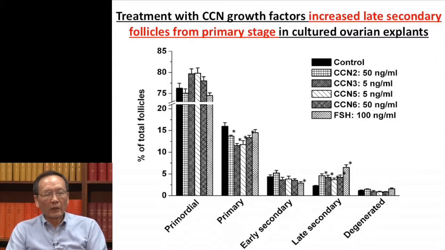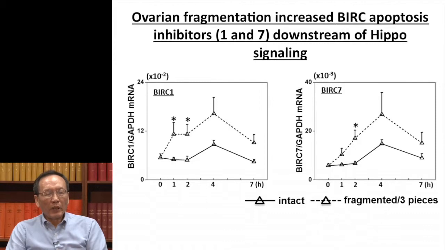So when we count the follicles, we see that all 4 CCN growth factors can promote follicle growth.